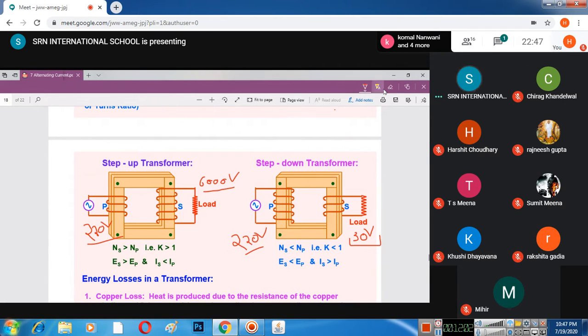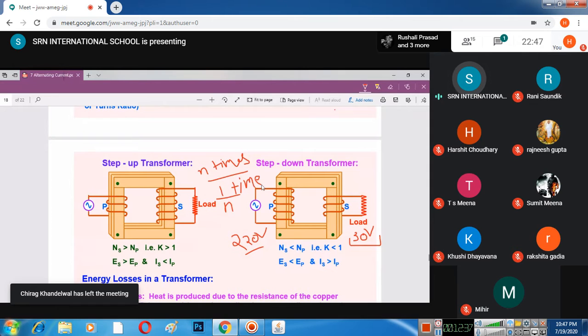Let's suppose you have increased the potential by n times. Then the amount of current is reduced by 1 by n times. Is it clear?